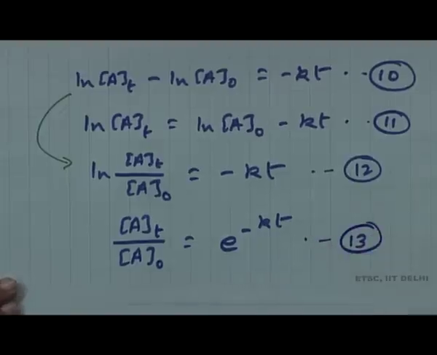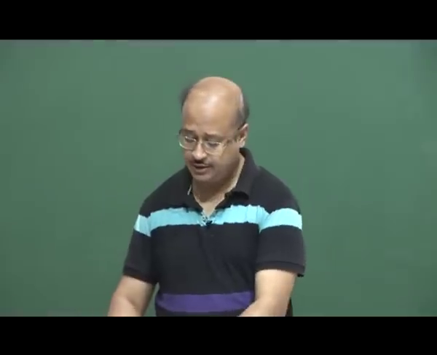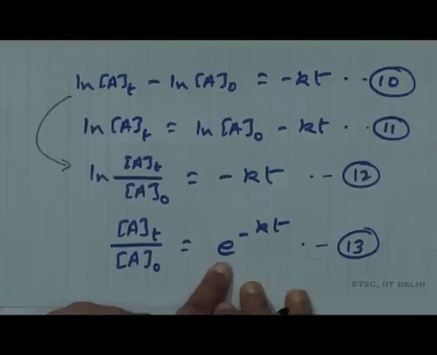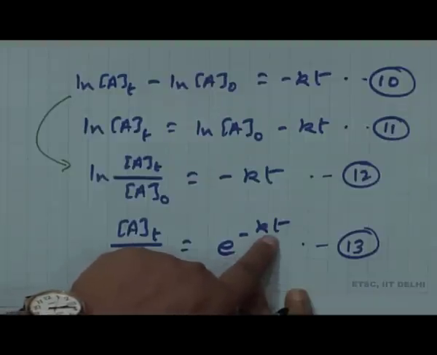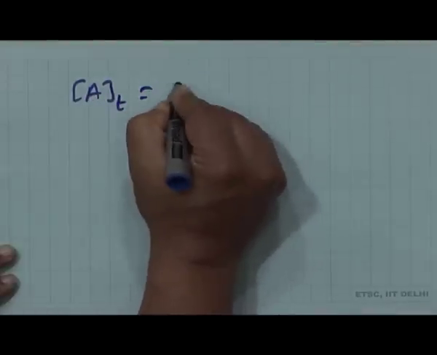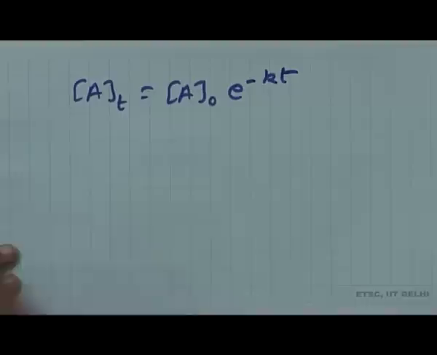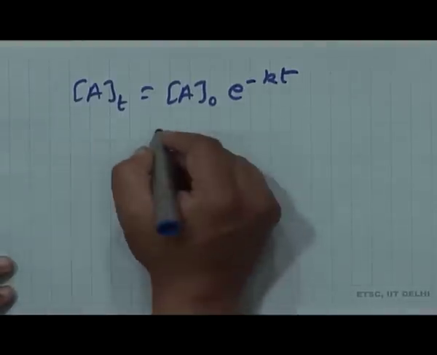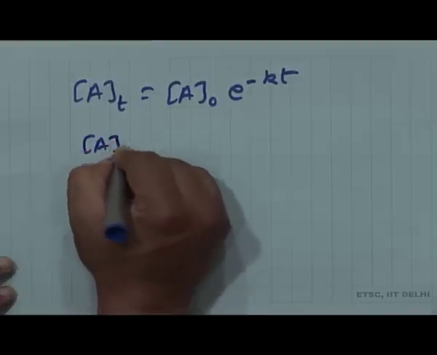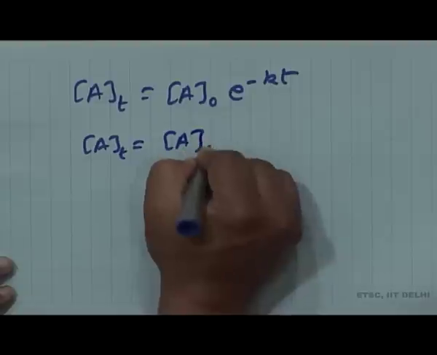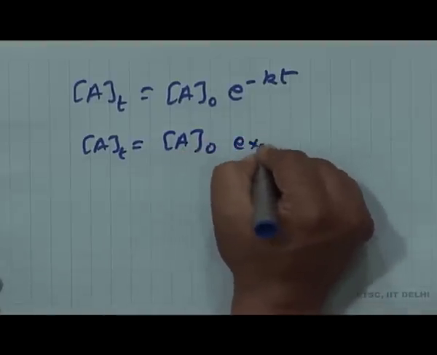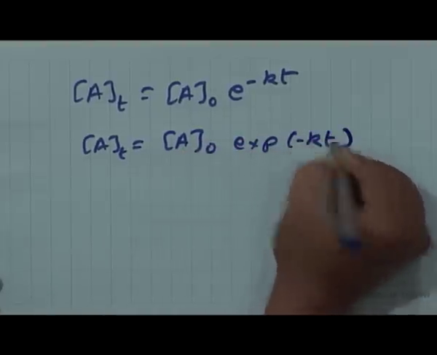Let this be 13, and finally what I can write is, so this e meaning exponential minus K t, that is the order of the exponent out here, and then I can write A t is equal to A naught e to the power minus K t, or so another way of writing is A of t is equal to A naught exponential minus K t, okay.